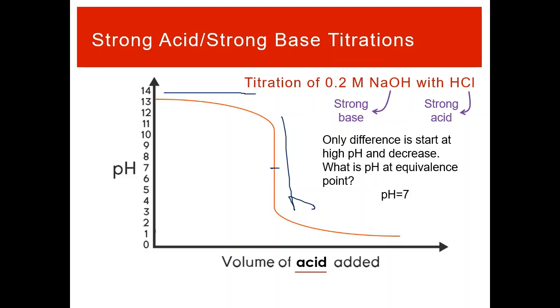It's always 7 because it's a strong acid and a strong base. Don't worry, we'll circle back to what happens for weak acids and bases. But for now, 7 for strong acid, strong base.